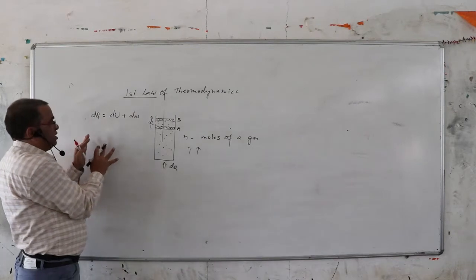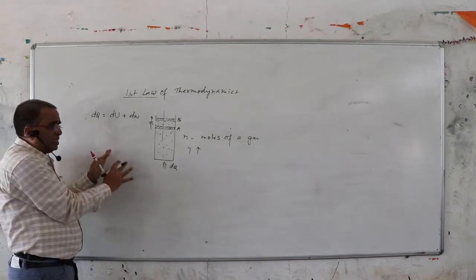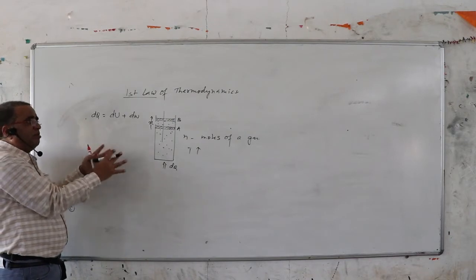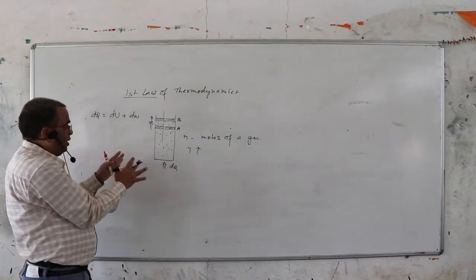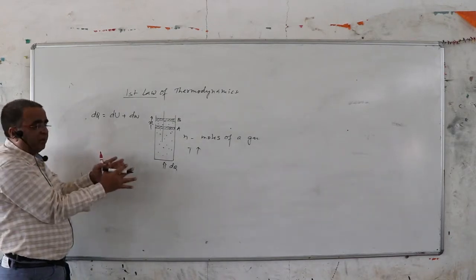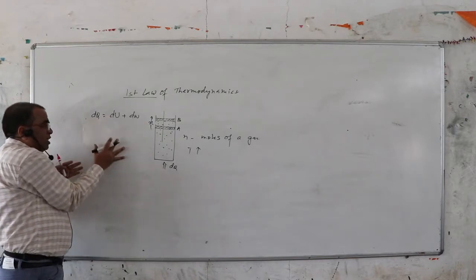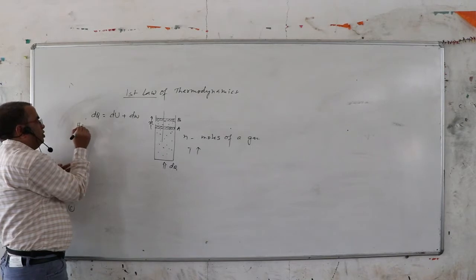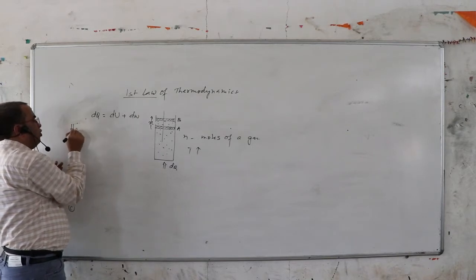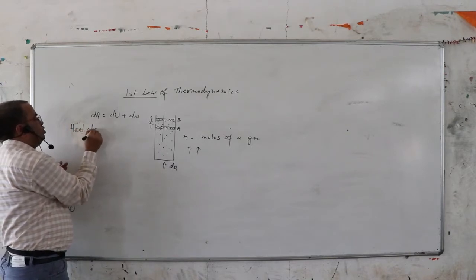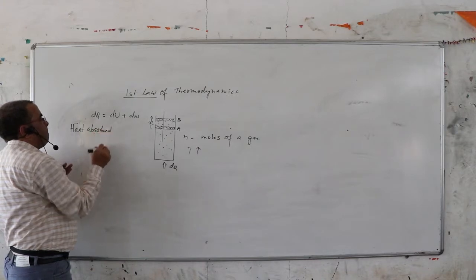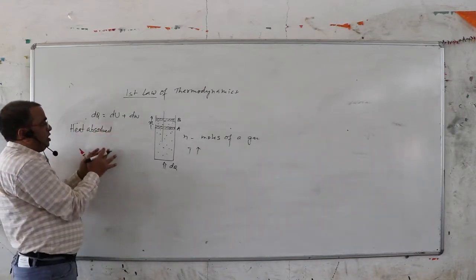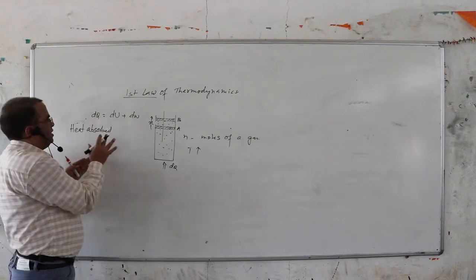This is a very simple statement, but we will discuss all the terms in detail. There are n number of thermodynamic processes in which these operations can be performed. So the basic law is what? dq, the amount of heat absorbed by any system, is used up by the gas in two ways.